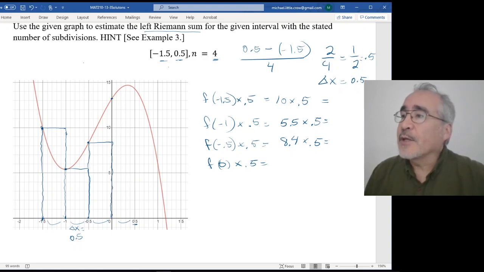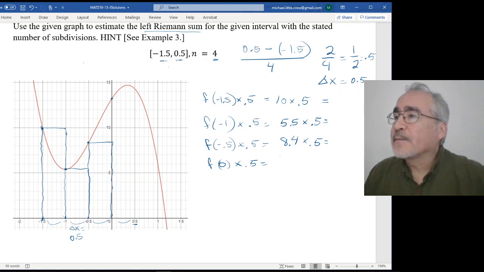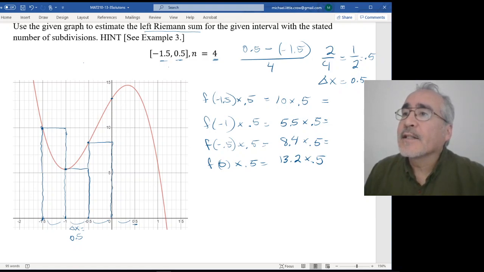Let's call it 13.2. Maybe it's 13.1. I'm going to stick with 13.2. It's going to be good enough. Since we don't have the function, that's about as close as we're going to be able to get.